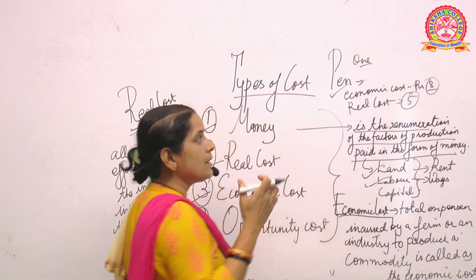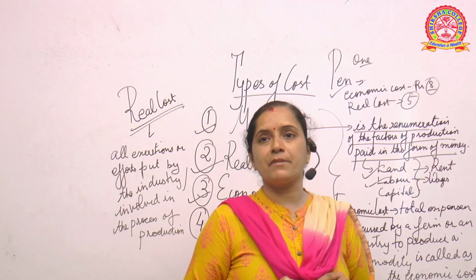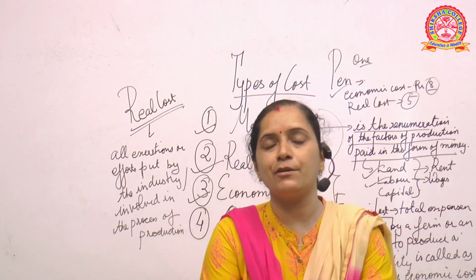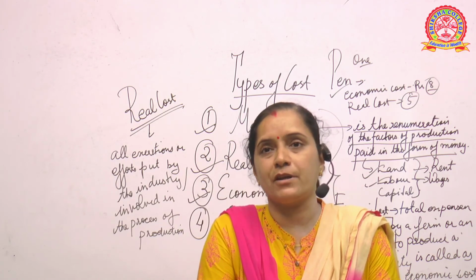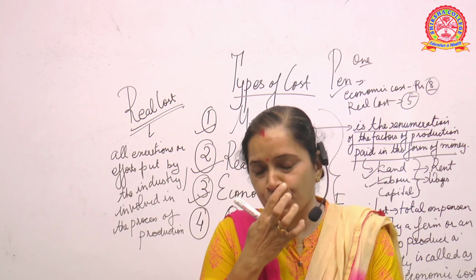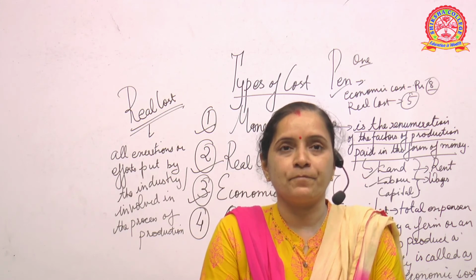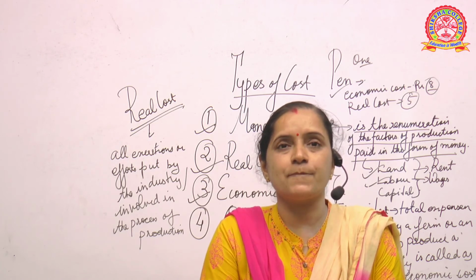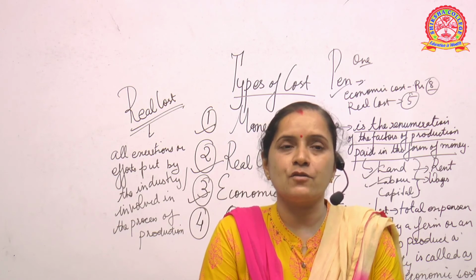Now how is it so? My real cost includes only that cost which is directly involved in the process of production. I am not including other expenses in real cost. You should know the difference. But when I say economic cost, I am including all other expenses which are equally required for the production of the pen. So this is the difference.